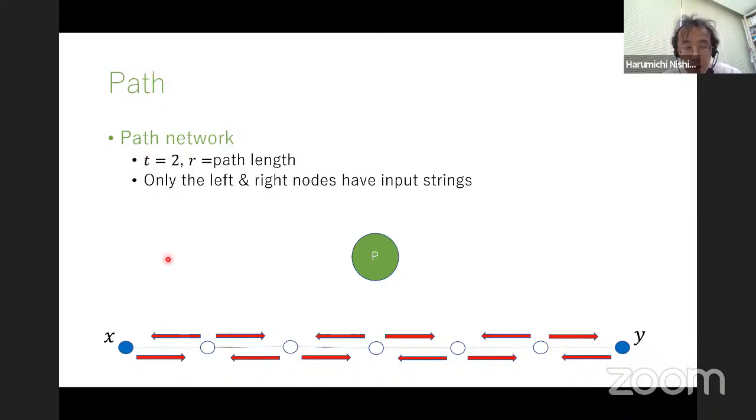We have two terminals, the left end and the right end, and the path length is R. Here R is 1, 2, 3, 4, 5, 6. In this case, we consider whether X equals Y or not.